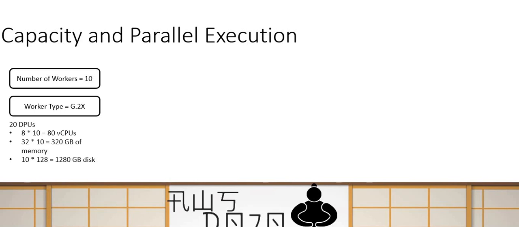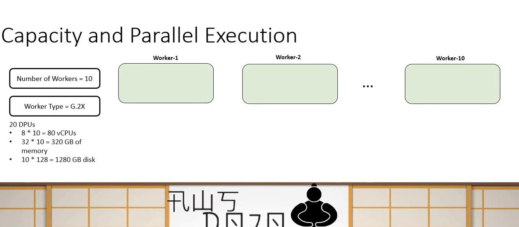Now, let's try to understand how it helps in parallel execution. Since you have decided on 10 workers, there will be 10 workers, and each of these workers can do parallel processing.